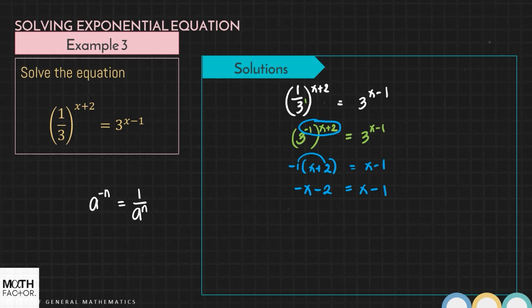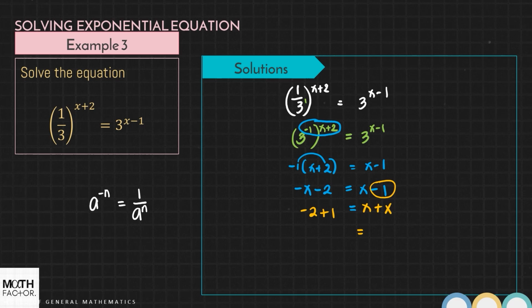And then, let us combine like terms. Siguro dito na lang natin ilipat yung isang x, this one, para maging positive. We have here x plus x, then copy negative 2, move natin to, magiging plus 1.